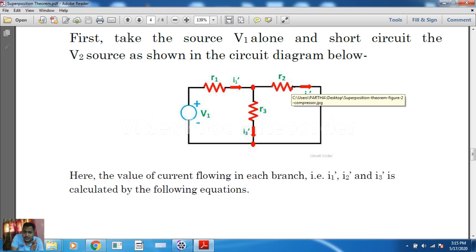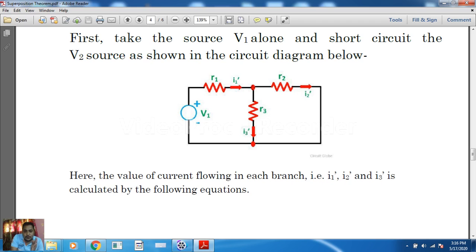One passes through R2 and some current passes through R3 as per the resistance value. If the resistance value is high, less current will flow. If the resistance value is low, higher current will flow in that path. We know this concept. So from V1 the current flows through R1 first, then at the node it divides as per the resistance value.